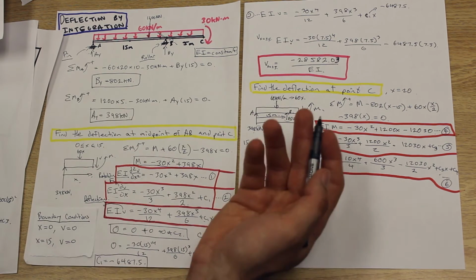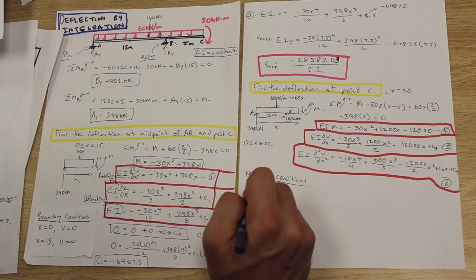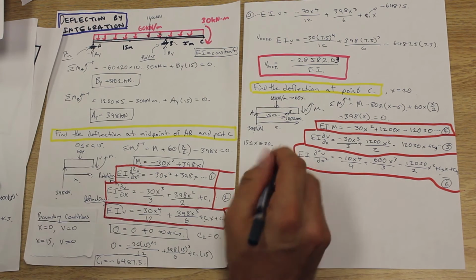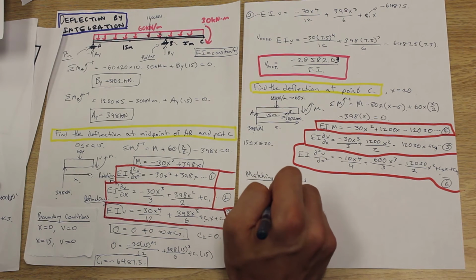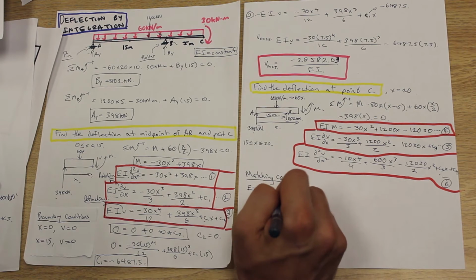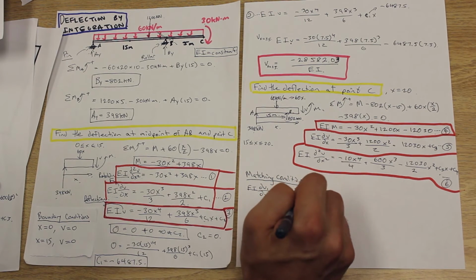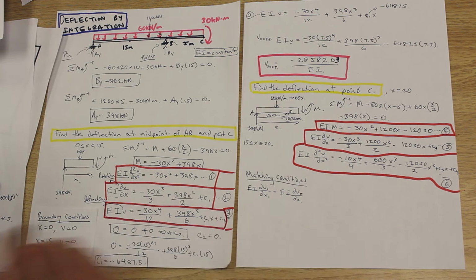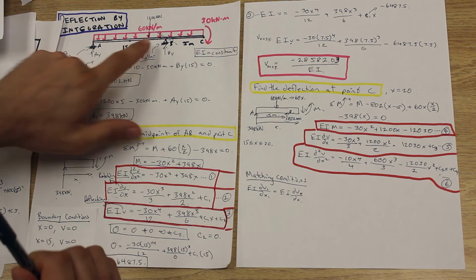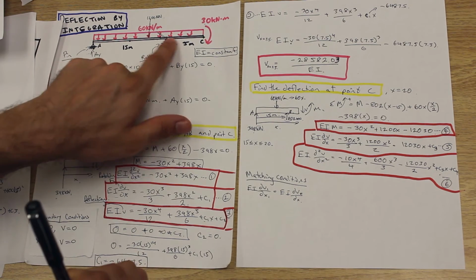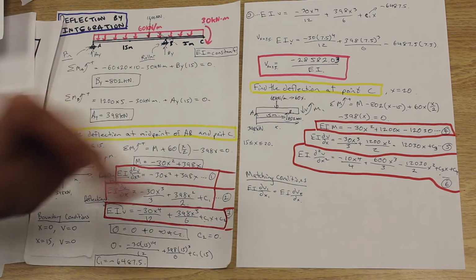So the way we write that is EI dv1 over dx1 is equal to EI dv2 over dx. And let's not write dx2. So what that means is that the rotation on both sides of this point, both sections of the beam, are the same.